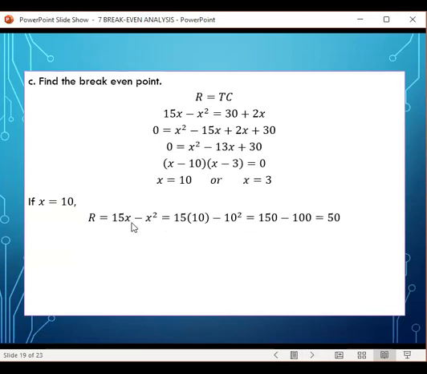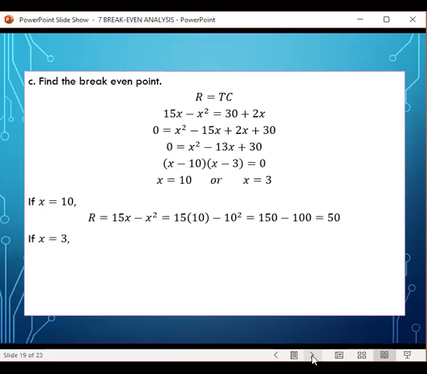So 15x, so 15 times 10, minus x squared. So minus 10 squared. So 15 times 10 is 150. 10 squared is 100. So 150 minus 100, you get 50.